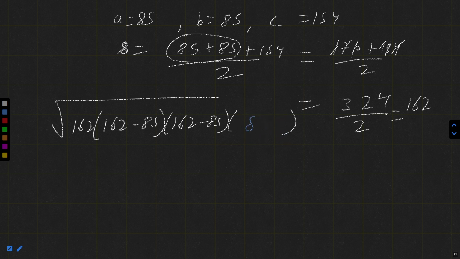Solving for this, here it is 8. 162 minus 85: 12 minus 5 is equal to 7, and here remains the 5.